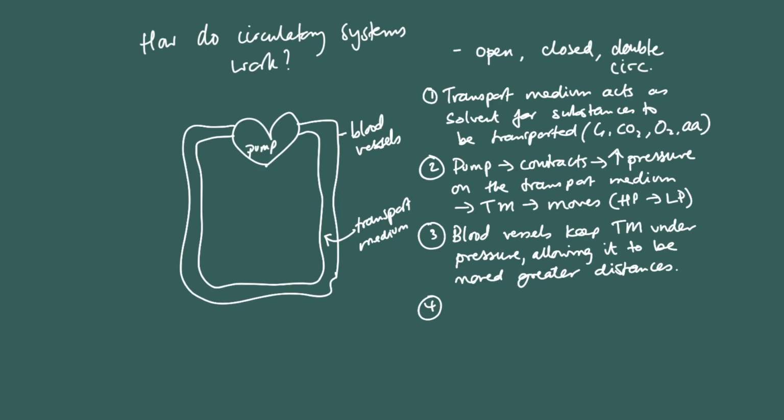And the end result of this is that the substances that are dissolved in the transport medium get transported by mass flow, okay, over very great distances. So that diffusion distance is now taken out of the equation, because we are not relying on things to diffuse over great distances.